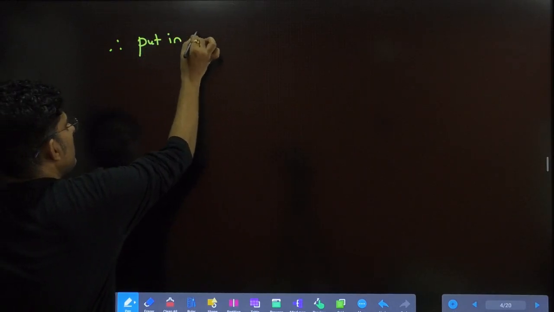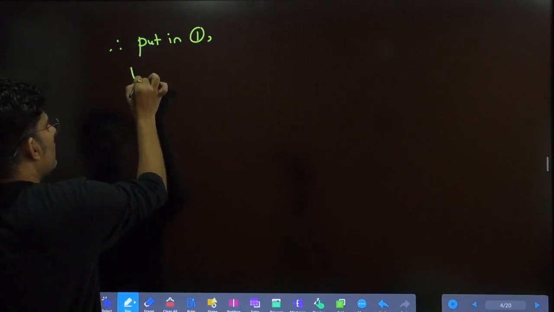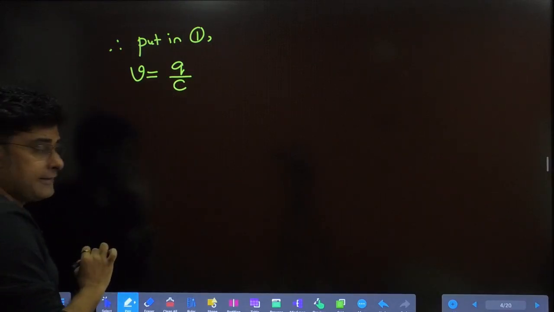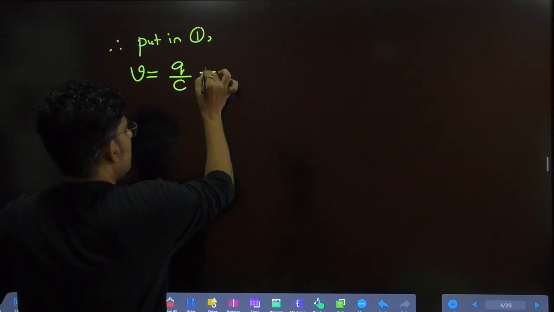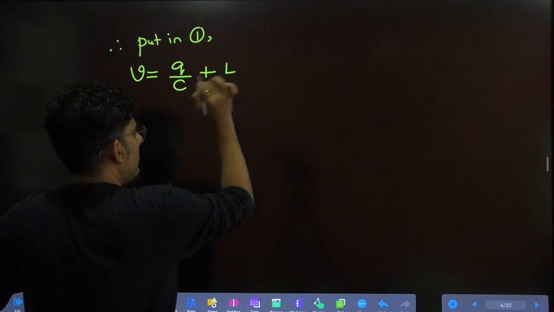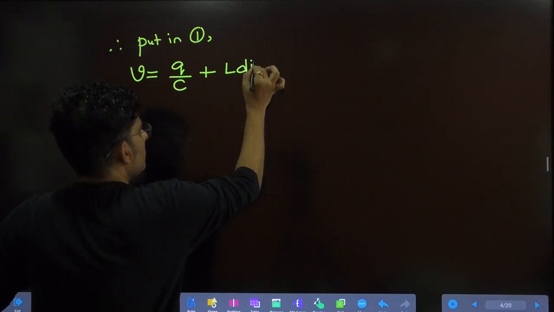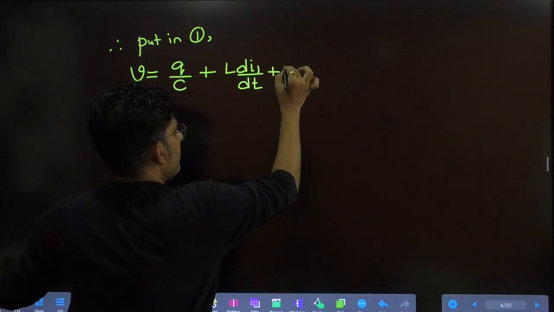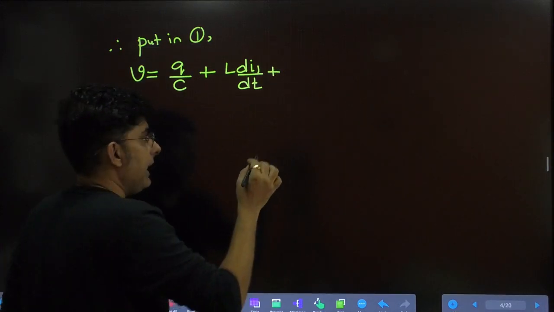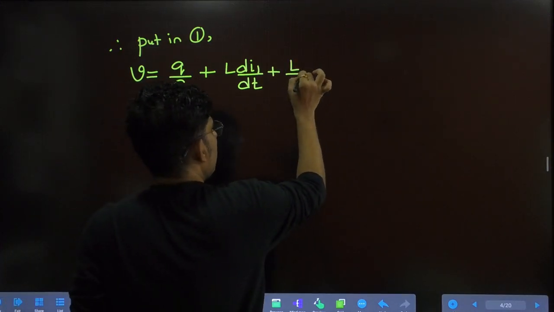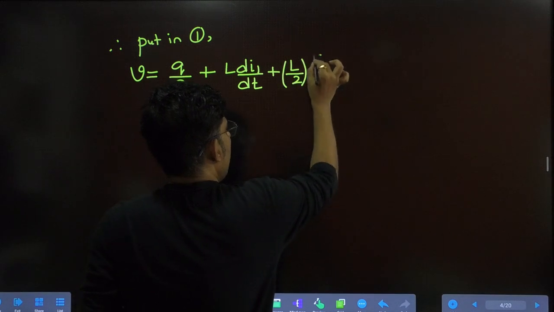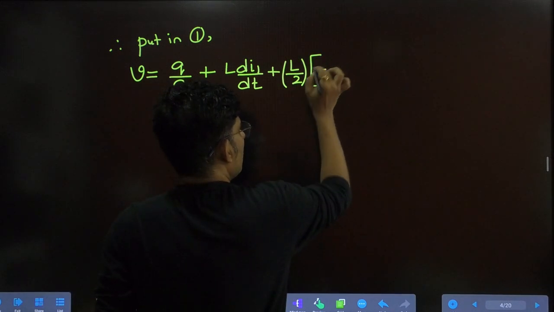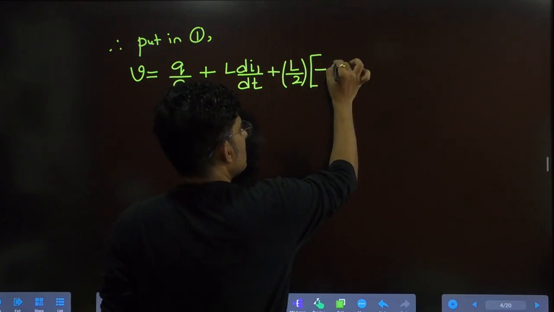So if I put in equation number 1, we got V is equals to Q by C plus L1. L1 was L di1 by dt. Next term we got M. Now what was M? M value we got as L by 2. And then we had di2 by dt, whose value we just saw. The value became how much?